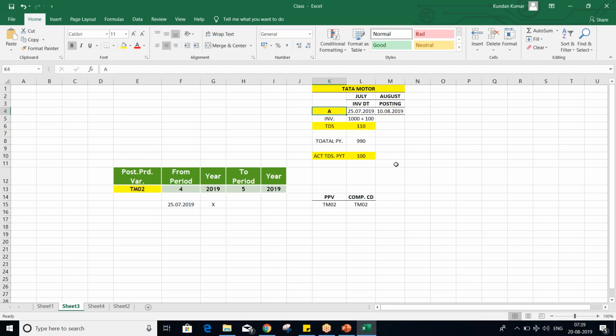And what is the benefit of this period open and close? There might be chances that you post a transaction which belongs to August. Now we are in the August period, but instead of 08 you give 09.